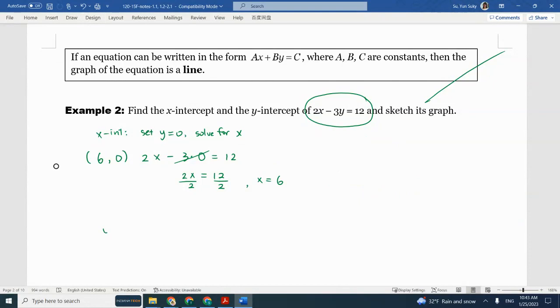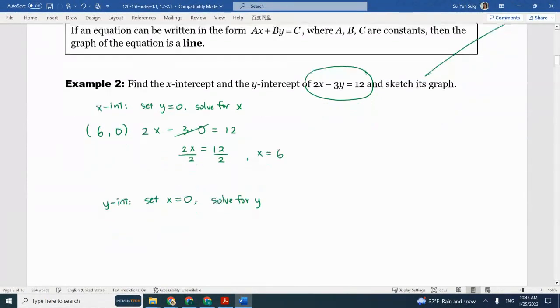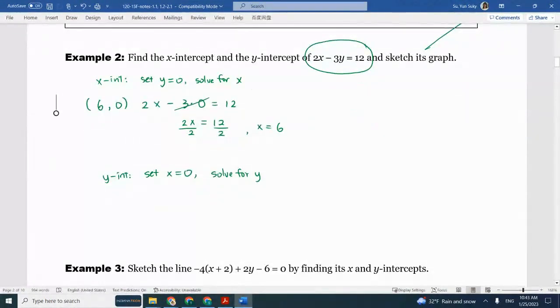And continue. Y-intercept. So we set x equals 0 and we solve for y. So x is 0, 2 times 0 minus 3y equals 12. 2 times 0 is 0, so negative 3y equals 12.